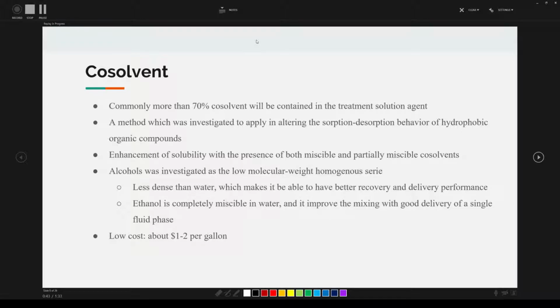It is less dense than water, and that gives it better recovery performance and delivery performance for those contaminants.